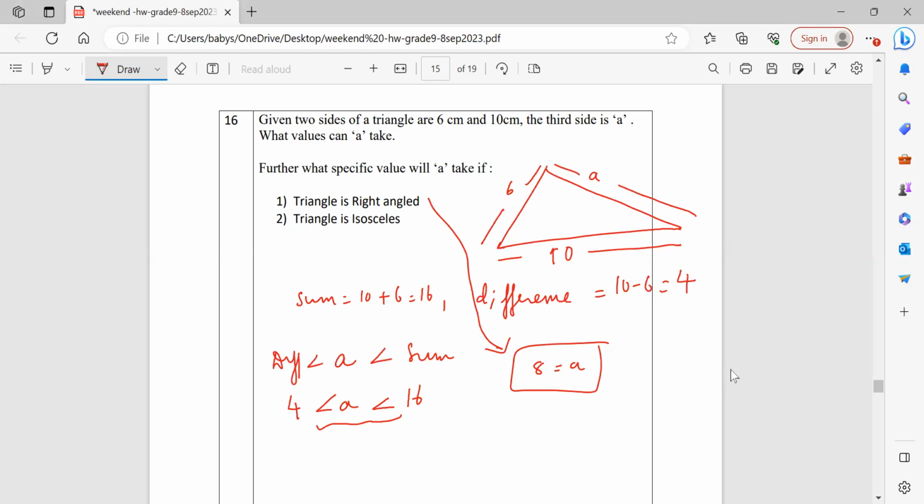For it to be isosceles, either you can have A equal to 6 or A equal to 10. So both the values it can take, and 6 and 10 both lie in this bound, greater than 4 and less than 16. So it can take any values, but if it has to be right angled, A has to take 8. And if it has to be isosceles, A can take 6 or 10.